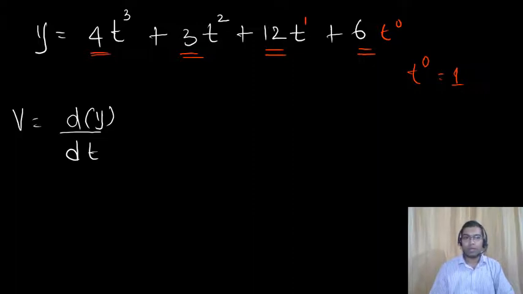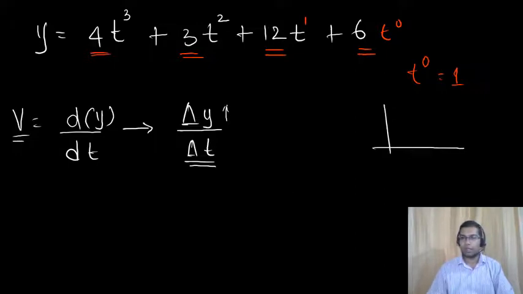The other version of this, which we are familiar with, is delta y by delta t, that is, change in displacement with time. If the change in displacement is much higher for a small value of time, we will get a greater velocity. That means effectively we are taking a steeper slope. So in the VT graph, we are taking a graph which looks like this. It has a steep slope.